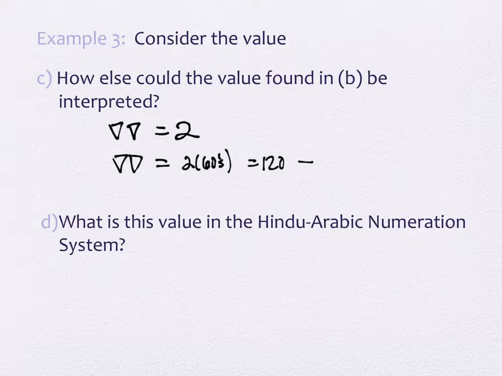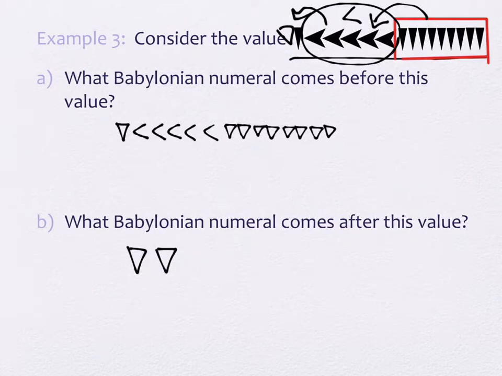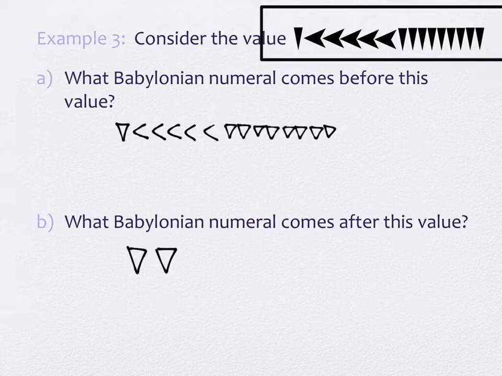So this is what it should be, because we know more about what's going on in the problem. But if you were just given that numeral, you wouldn't know that, right? You wouldn't know. And then it says, what is this value? Again, when it talks about this value in all my problems, I'm talking about the original problem I started with. So back up here at the beginning, what was it originally? What was this thing?